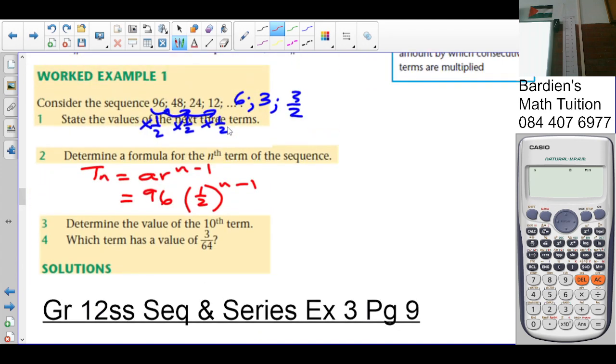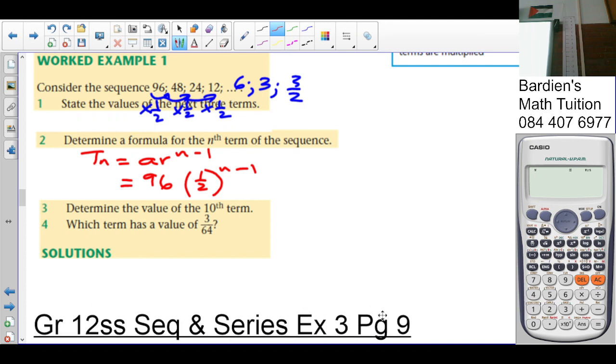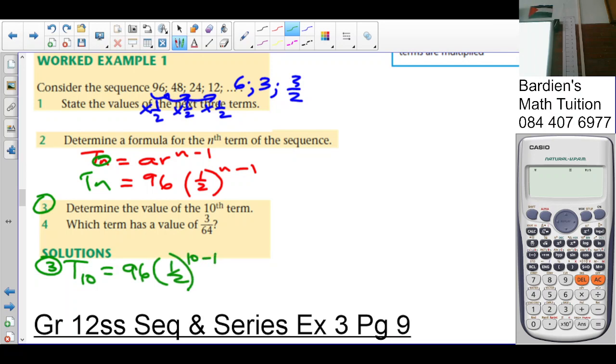Then the question says, determine the value of the 10th term. So how do you work out the 10th term? If I see an n, I put a 10. So T10 is equal to 96 into a half to the 10 minus 1, or I could have just written 9.